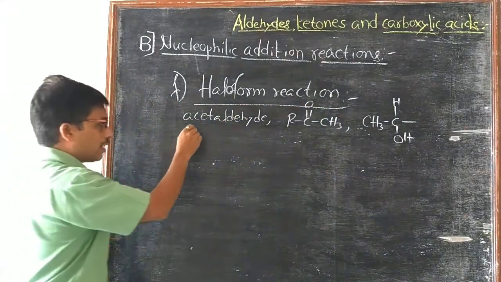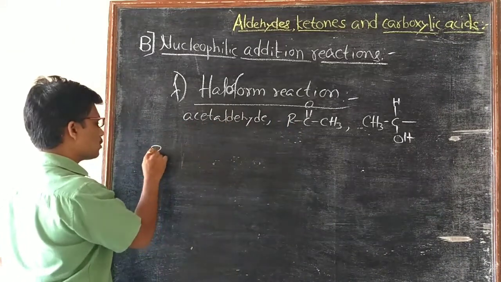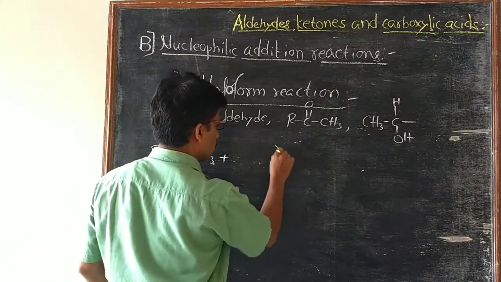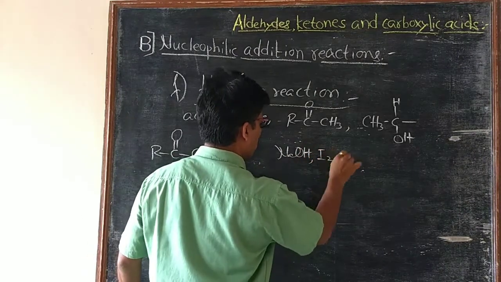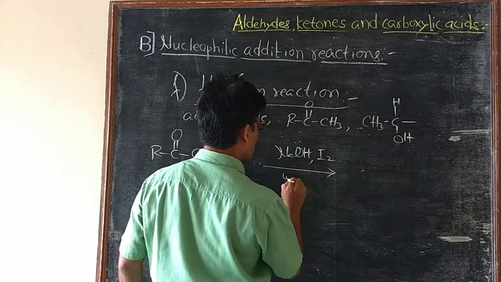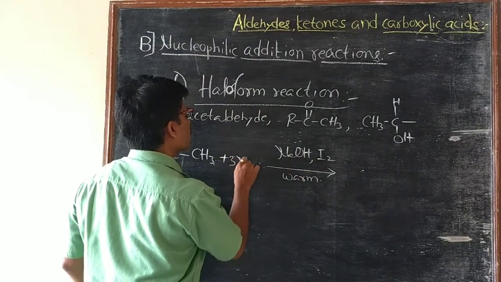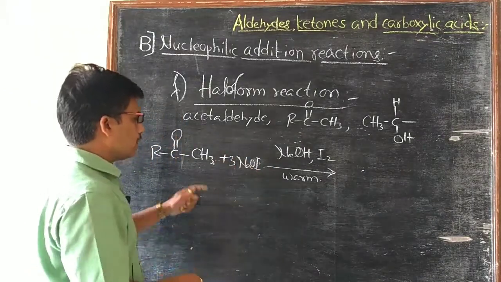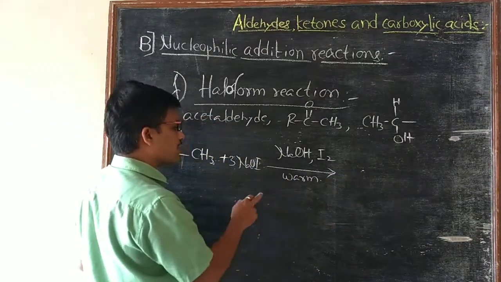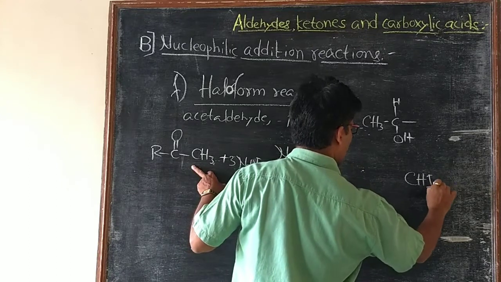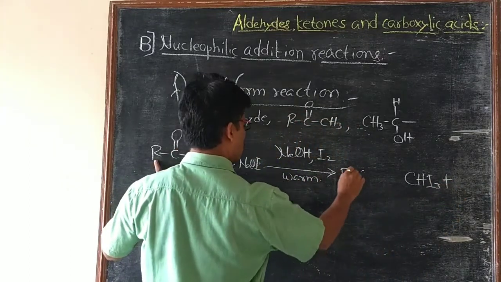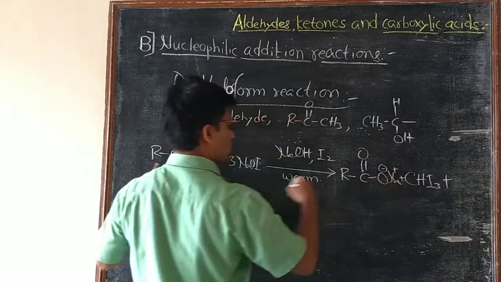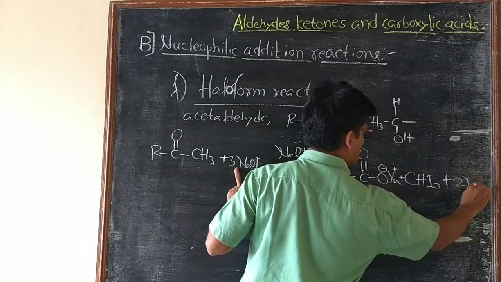When acetaldehyde or methyl ketones are heated with sodium hydroxide and iodine, sodium hypoiodide forms a yellow precipitate of iodoform, that is CHI3, along with RCO−Na+, the sodium salt of the carboxylic acid, plus twice NaOH.